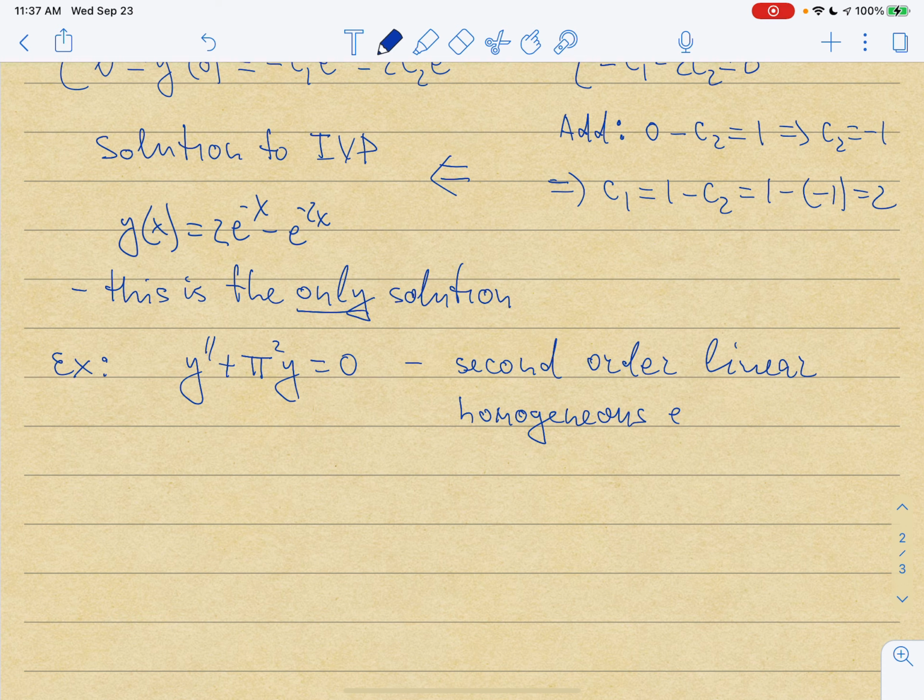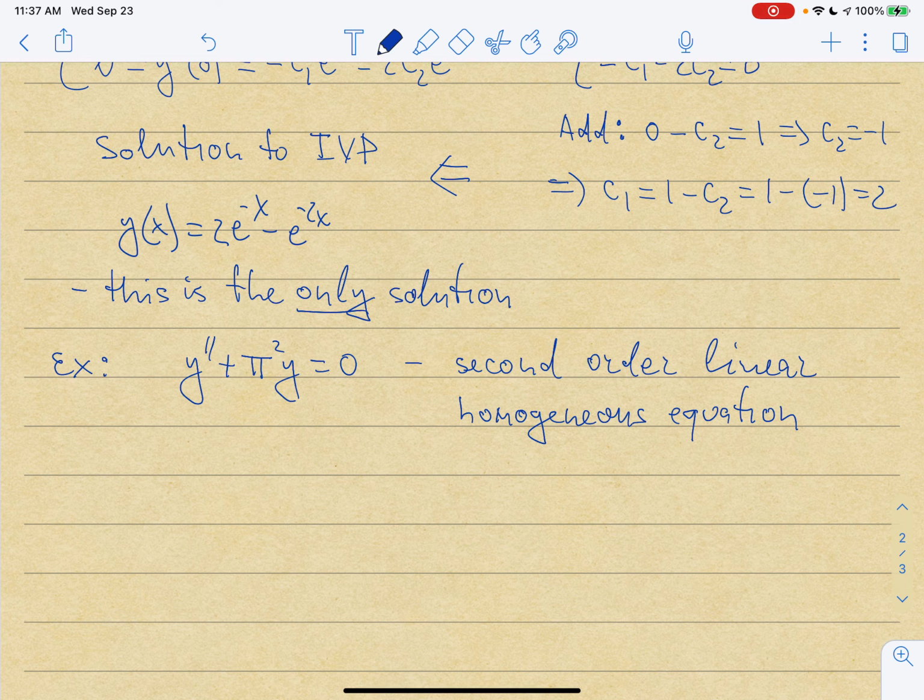And actually, one more thing, the coefficients in this case are 1 and pi squared. 1 and pi squared are constants.